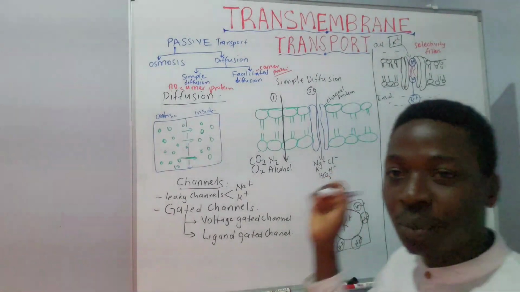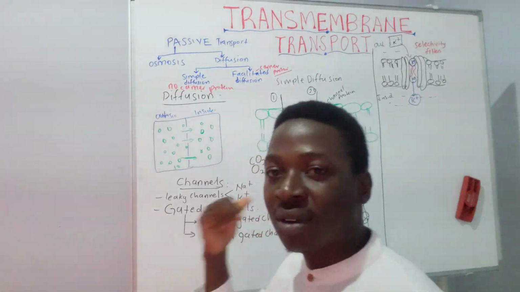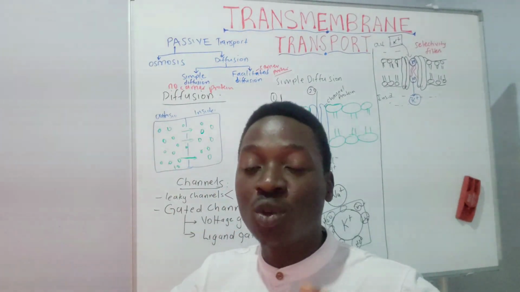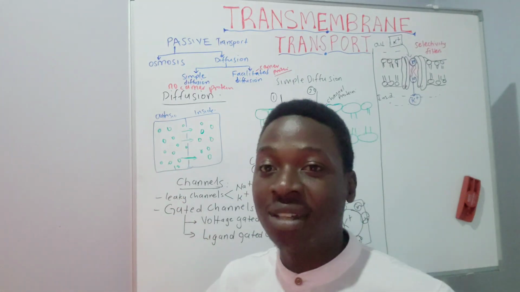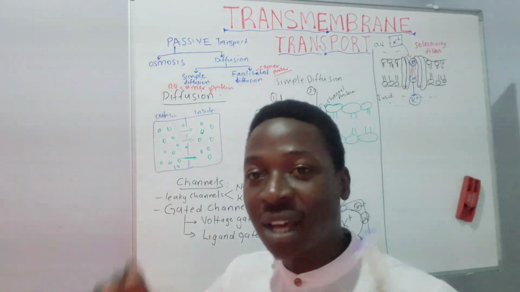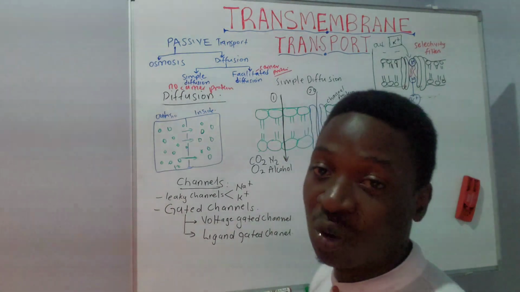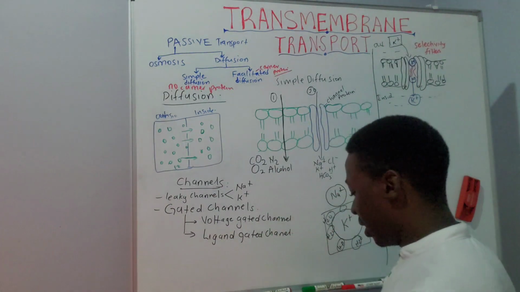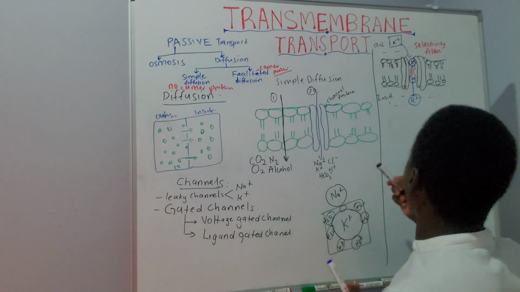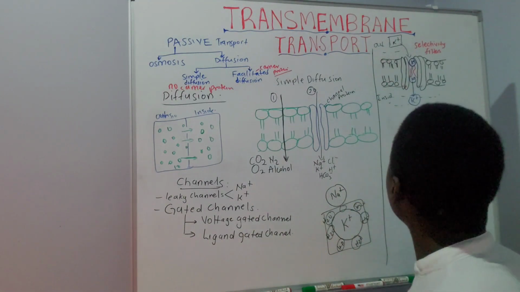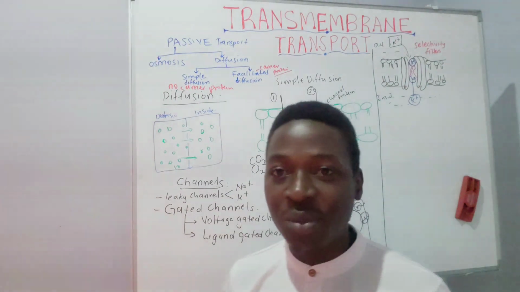This is the most important function of those selectivity filters. They free the water molecules from the potassium ions, and then the ion is able to move through the channel. And if, for example, sodium wanted to pass through this channel, sodium will find some difficulty.